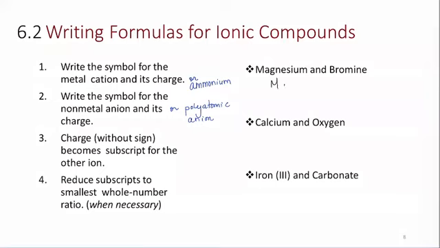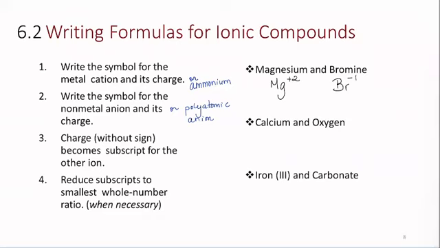This is Mg, and it's +2. Remember, you can write +2 or 2+. Please don't be confused by that. Bromine, what is its symbol and charge? It is Br, and it is -1.